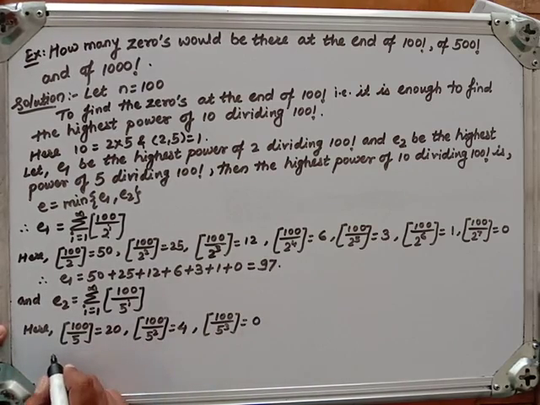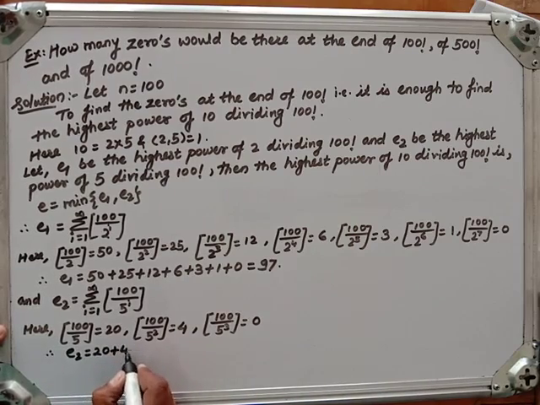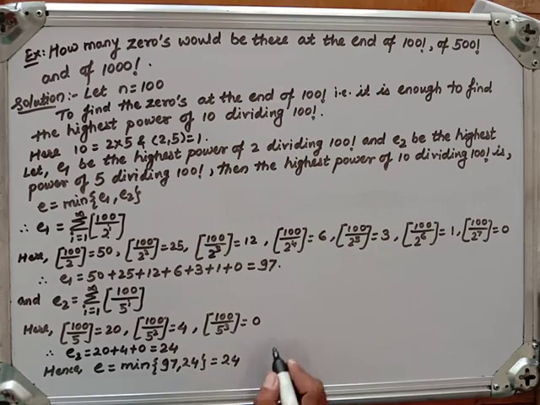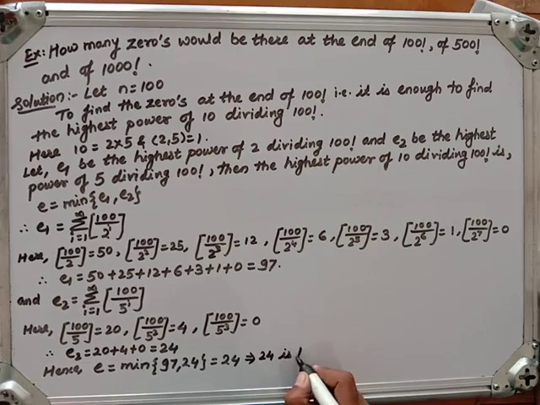Therefore E2 is equal to 20 plus 4 plus 0, that will be 24. Hence E is equal to minimum of 97 and 24, and that will be 24.